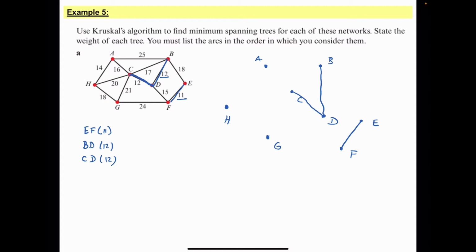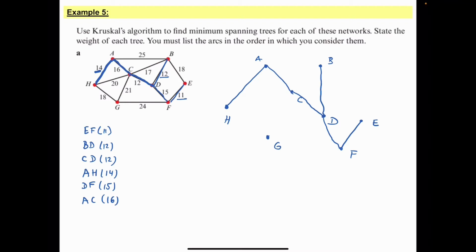The next one is number 14, that's this one, AH 14. AH is fine. Next one is DF 15, D and F, that's all right. Next one is AC, that's 16, AC 16, it's still fine.